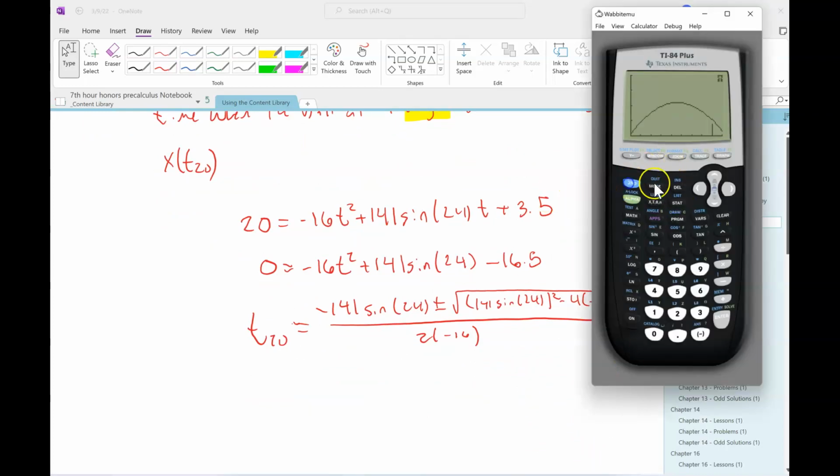Here's the nice part about this, though. Compared to the last problem, all we did was we changed 3.5 to negative 16.5. So that's an easy edit. I'm just going to recover the formula that I had last and then just update that one little part. So 3.67 or 3.27.